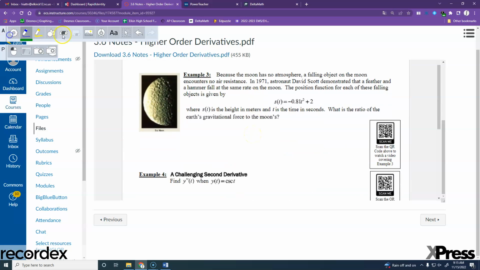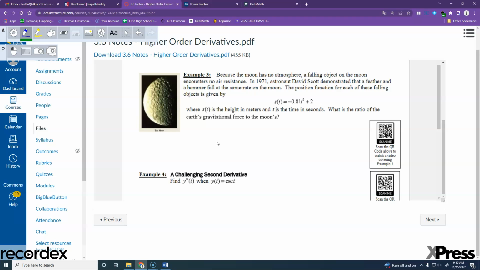Okay, so on the moon, we have a different situation because we don't use the same formula on the moon because the gravity is different. So in 1971, astronaut David Scott demonstrated that a feather and a hammer fall at the same rate on the moon. The position function for each of these fallen objects is given by this equation here, where S is the height in meters and T is the time in seconds.